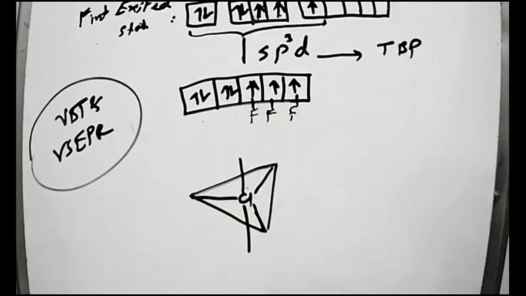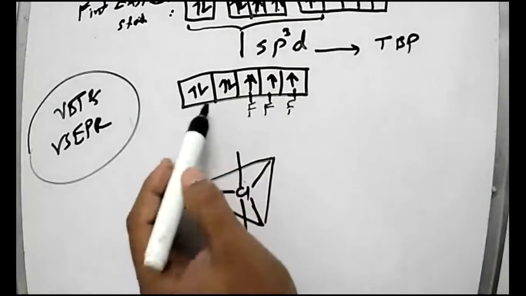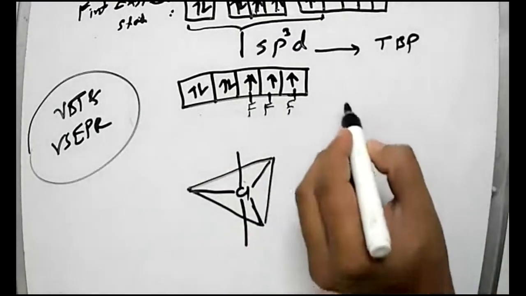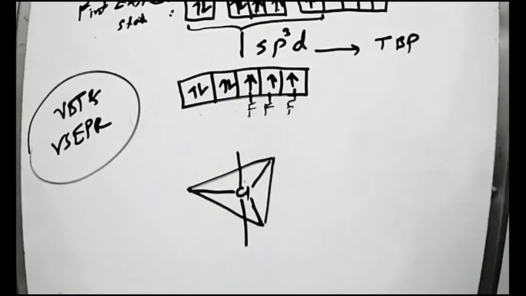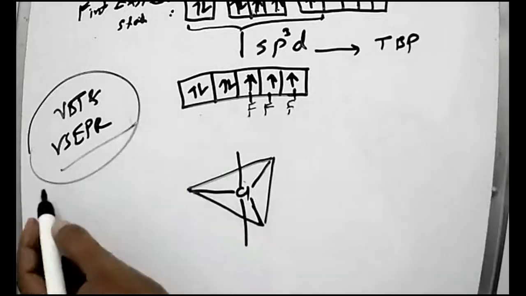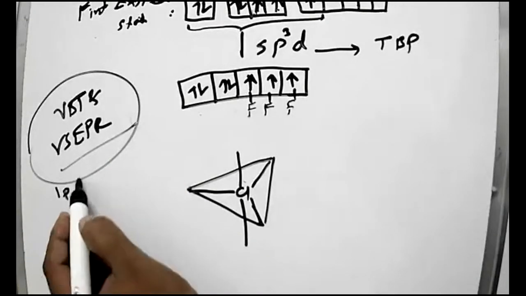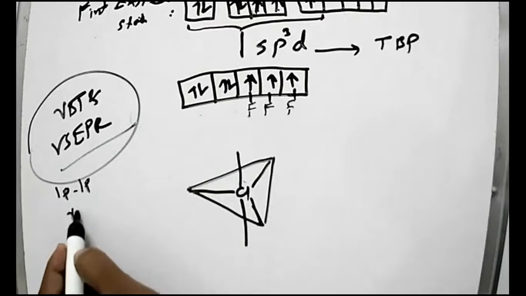So how to arrange? First arrange these two lone pairs. The arrangement should be in such a way that there is maximum distance between these two lone pairs. According to VSEPR theory, lone pair lone pair repulsion is very large.